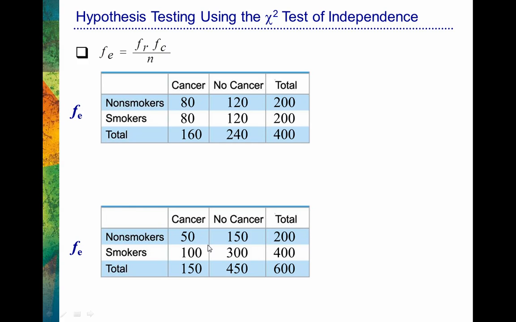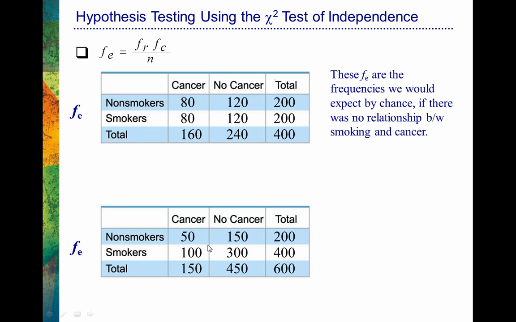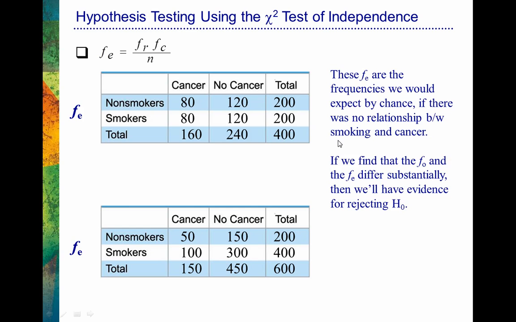All right, well, let's talk about where we're going to go from here. As I mentioned, these are the frequencies we would expect just by chance. That's what this says right here. Now, if we find that there's a big difference between our observed frequencies, I mean the actual frequencies that we measured, and these frequencies that we would expect by chance, then we have some good evidence for rejecting the null hypothesis.